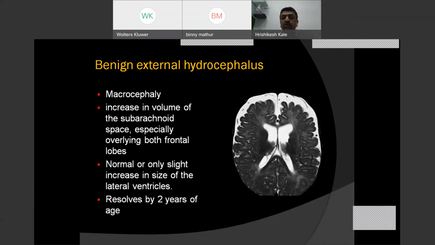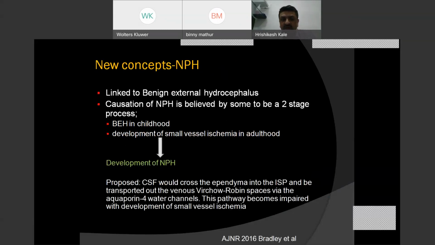This is usually thought to be a result of the arachnoid granulations not being mature enough, which is why you get benign external hydrocephalus. But this has now been linked to NPH. So they believe that patients who have NPH at a later age had benign external hydrocephalus in their childhood, and then with subsequent development of small vessel ischemia in adulthood, they developed NPH.